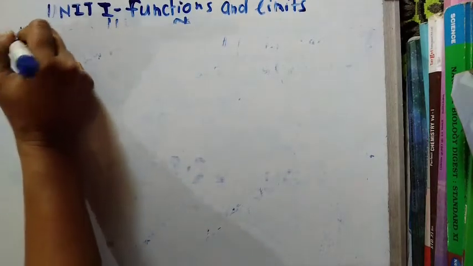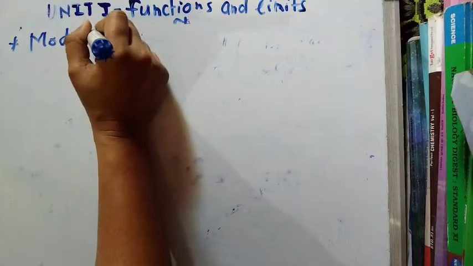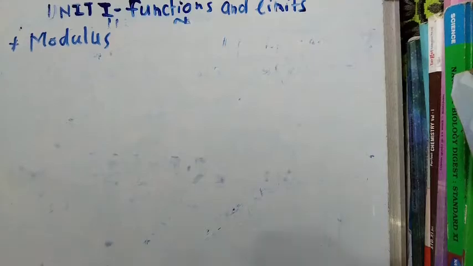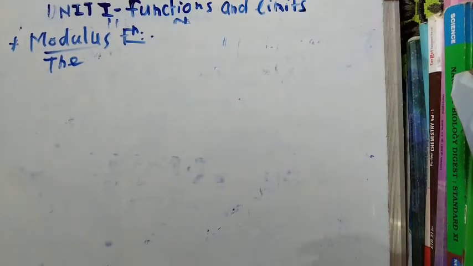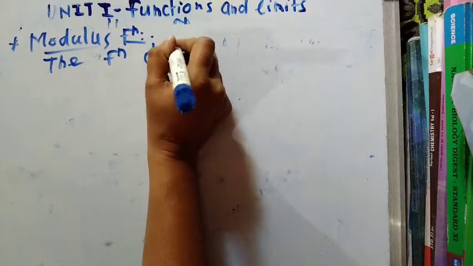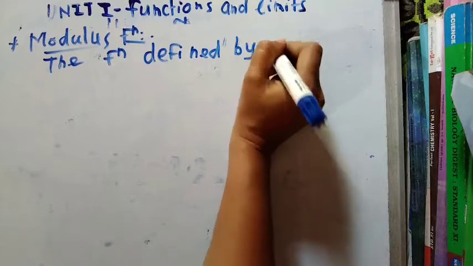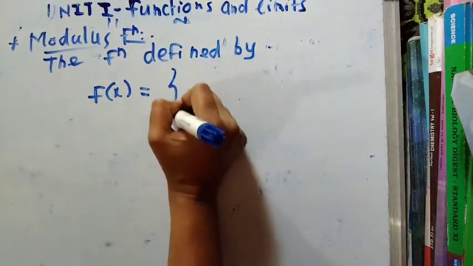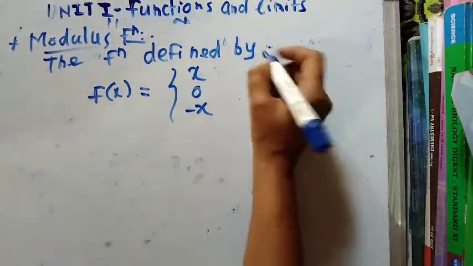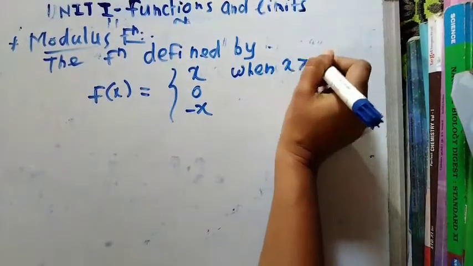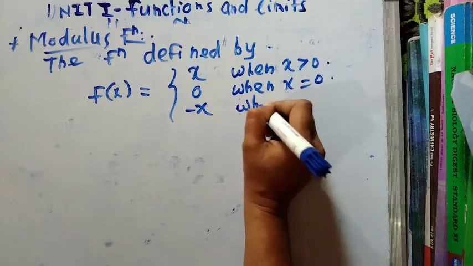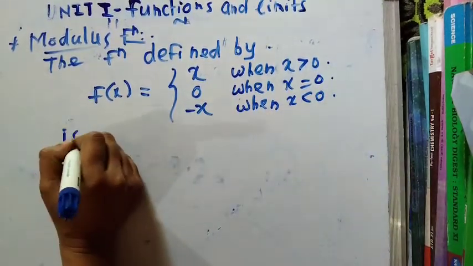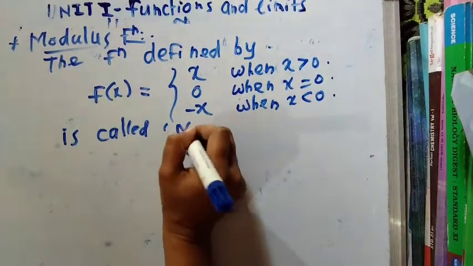Then next is modulus function. The function defined by f of x is equal to x when x is greater than 0, 0 when x is equal to 0, and minus x when x is less than 0, then it's called the modulus function.